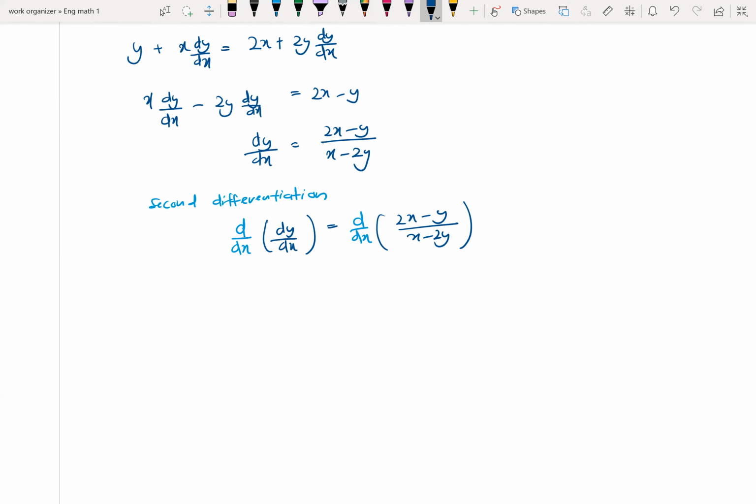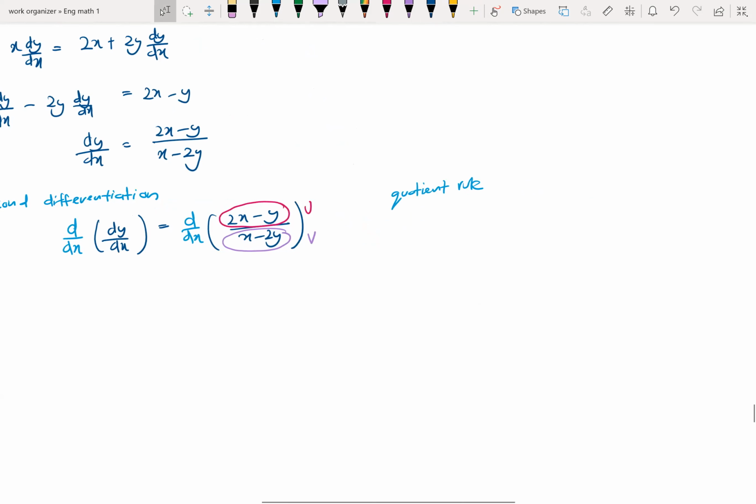So we classify the upper one as u, and the lower one as v. Still remember the quotient rule, which is equal to v du minus u dv over v squared. This is in terms of x.